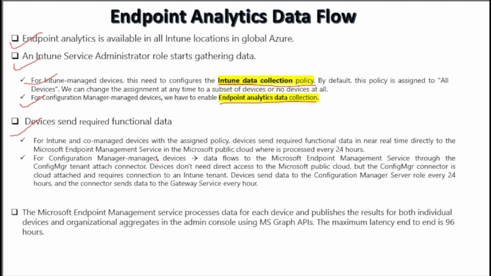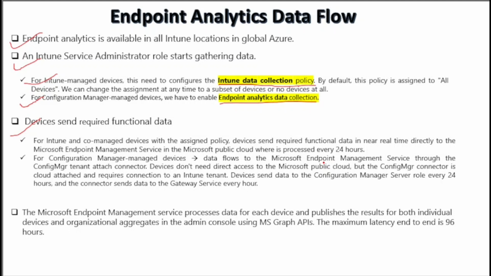For Configuration Manager devices, data flows to the Microsoft Endpoint Manager services through the Configuration Manager tenant attached connector. Devices do not send data directly to the Microsoft public cloud, but the Configuration Manager connector is cloud attached and requires a connection to an Intune tenant.